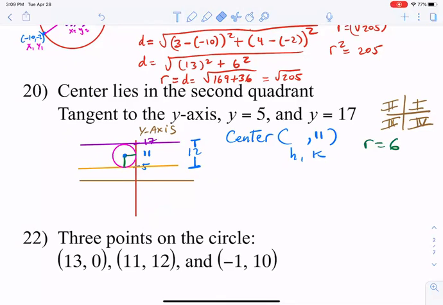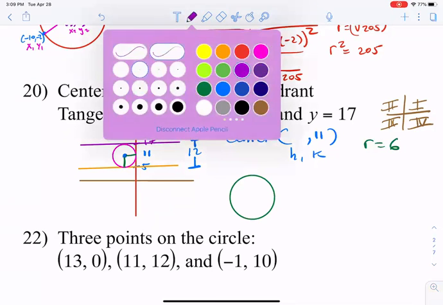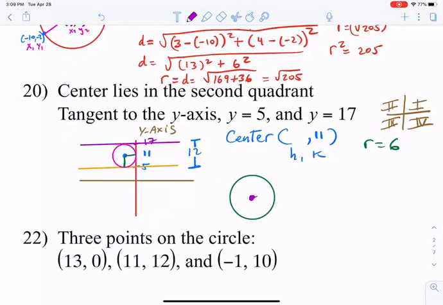Let me try to explain it in a different way. If I have this circle here, and this is the center here, and this is the tangent line, the y-axis, and I want to find the distance for the x coordinate from here to here, think about this.